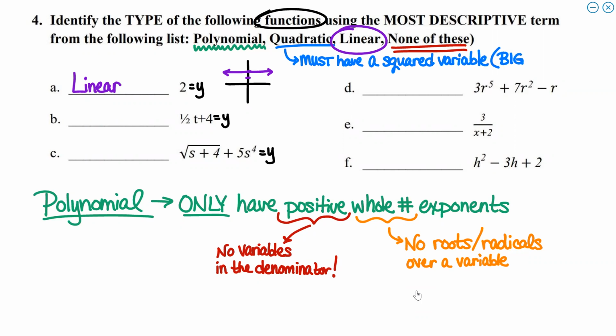And that is the biggest exponent we're allowed to have. The biggest exponent is a 2. Do we have any variables with exponents on them in part B? No. So it can't be quadratic.